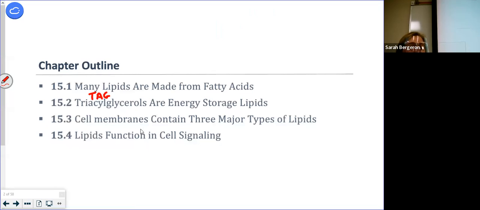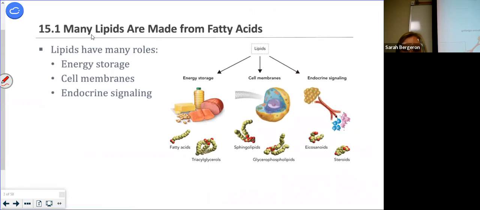And then we'll talk about the cell membrane, because what you use for energy storage is very different than what you use for structure. And then we'll talk about cell signaling, which is another really cool, but very different mechanism. As alluded to, lipids can look very different, and depending on their structure, they're going to give you different roles inside of the cell. The triacylglycerols that we talked about are for energy storage, so they're going to give you lots of reduction potential because you have lots of saturated fatty acids here.